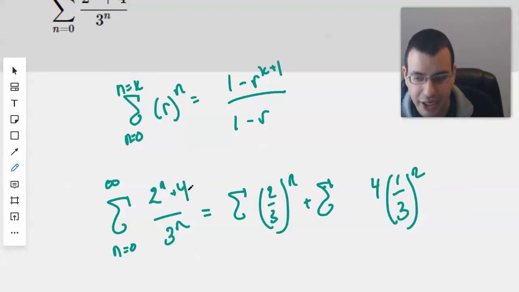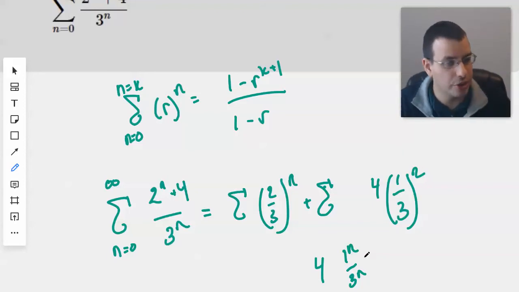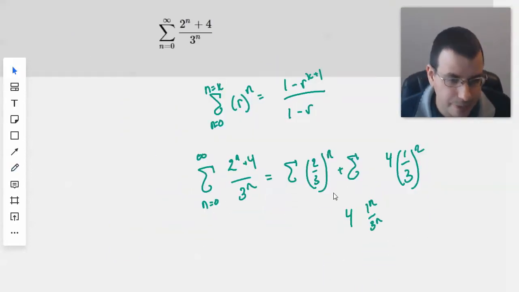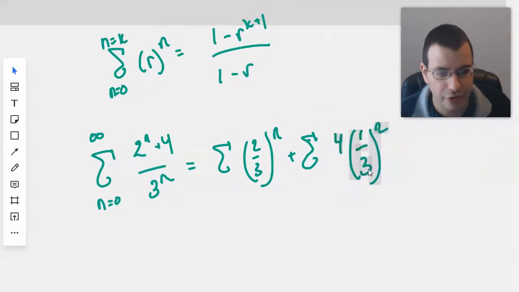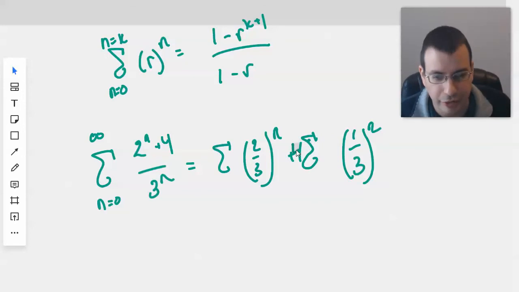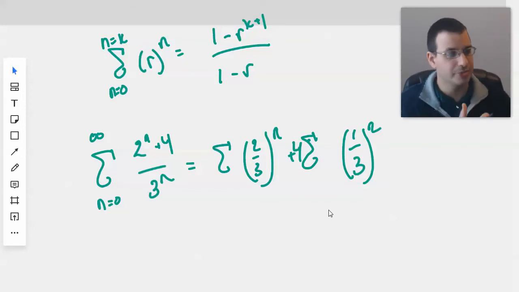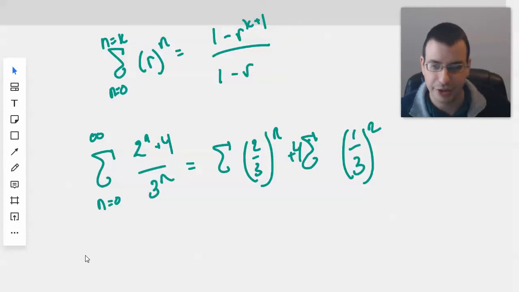Because what we can pretend is this 4 up here is 4 times 1 to the n over 3 to the n. But 1 to the n is always just 1, so we can throw in that 1 to the n. And then we move the 4 out, so we just multiply the summation times 4, moving the 4 to the outside of the summation.